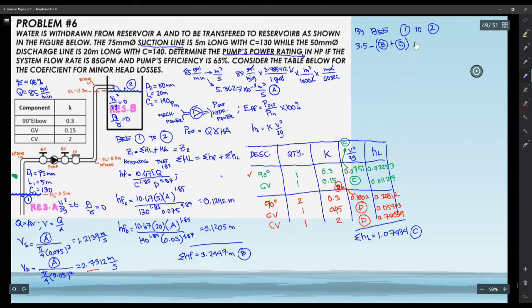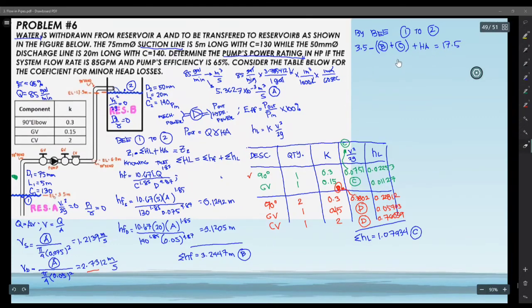And then plus heat added, ito nga yung ating hinahanap, is equals to Z sub 2 or yung elevation ng point 2. So that is 17.5. Heat added. Sorry, nagloloko yung aking digital pen.